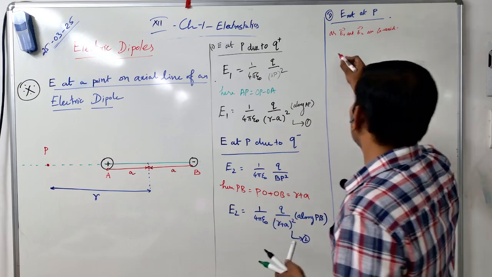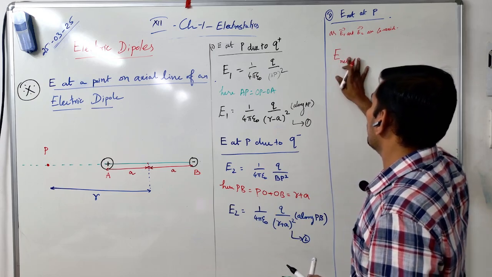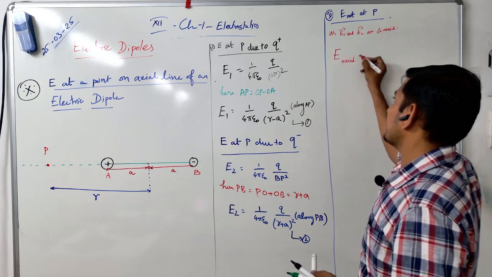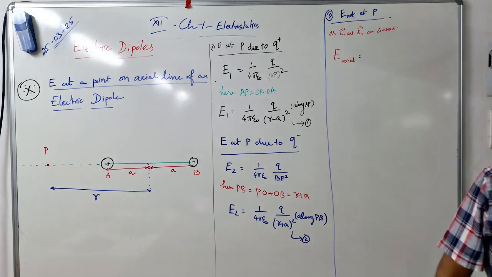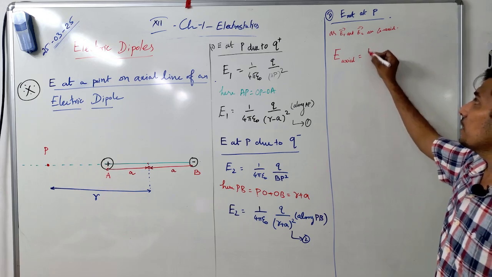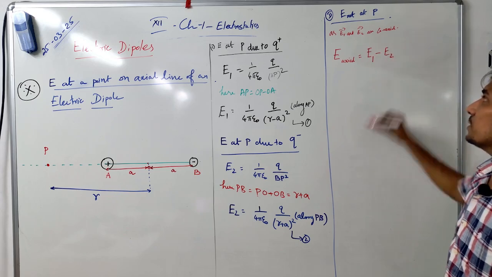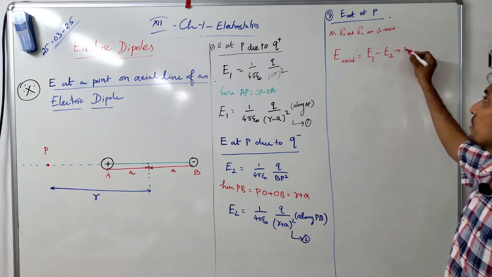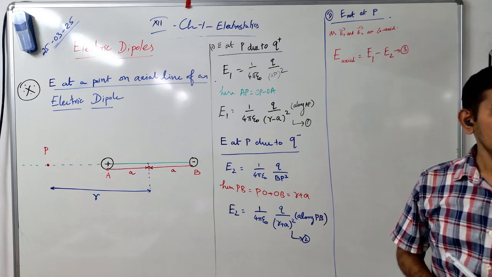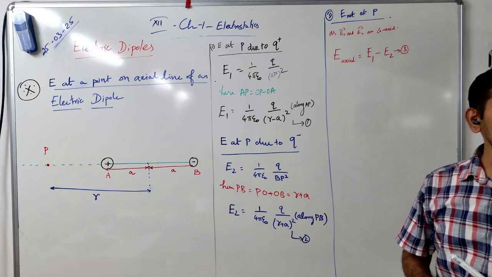The net effective electric field at the point P, on the axial line, E axial, is equal to the electric field due to the first charge minus the electric field due to the second charge. Let this be equation number 3. Got it? Why does it have to be E1 minus E2?